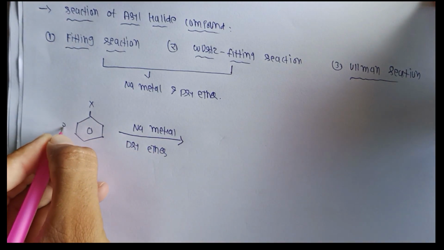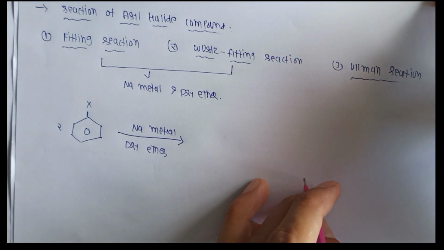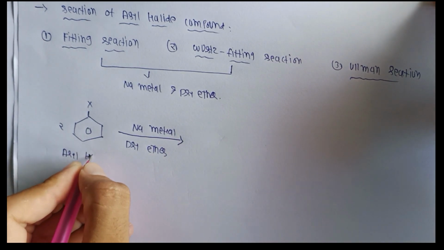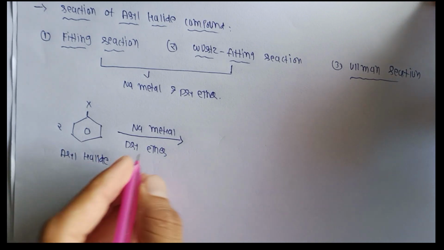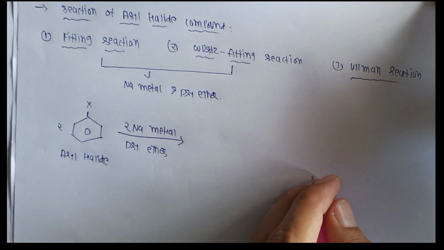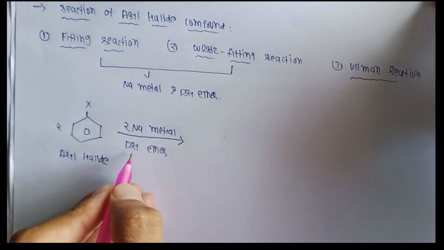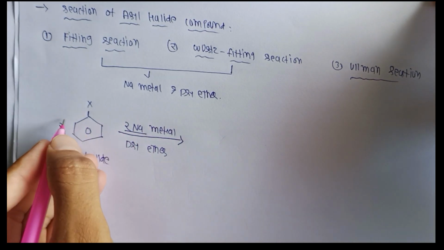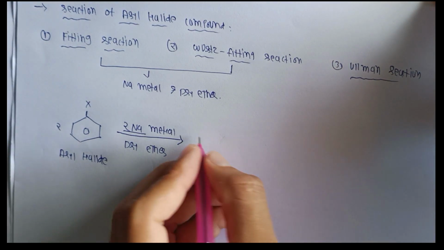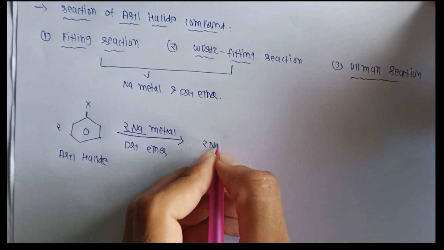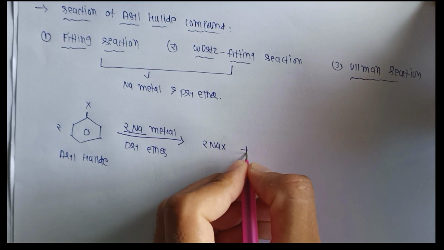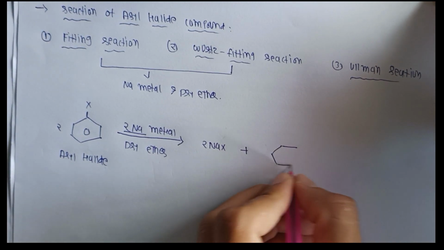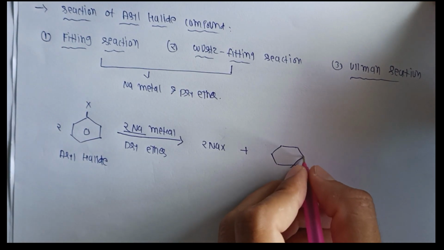Here 2 moles of aryl halide and 2 moles of Na react in the presence of dry ether, then 2 Na+ and 2 X- means 2 NaX is the byproduct and the final product is the biphenyl ring.